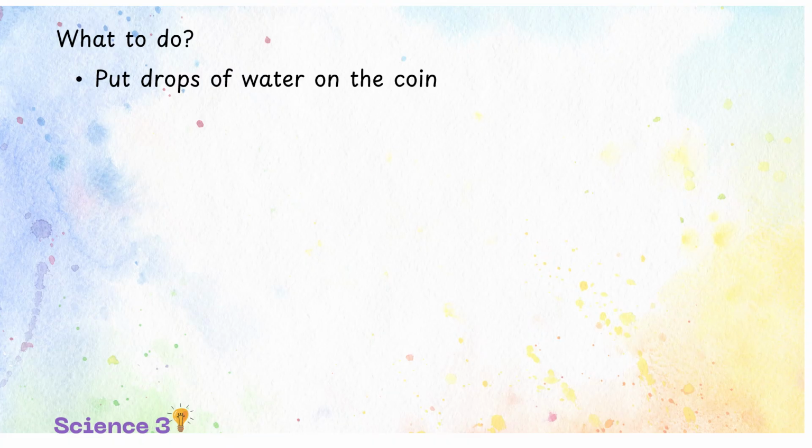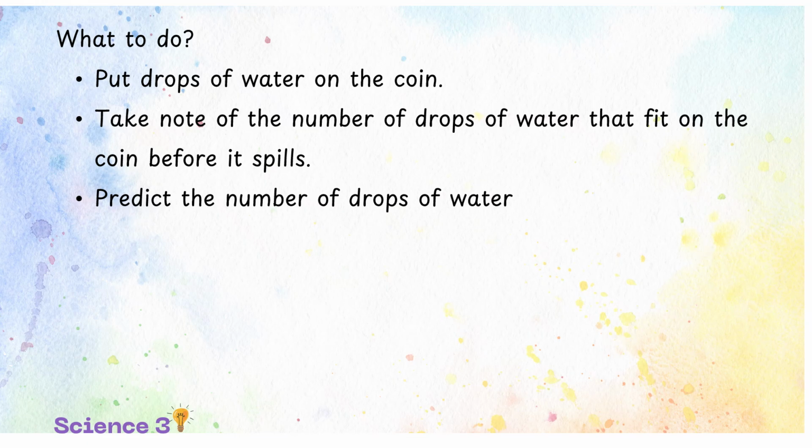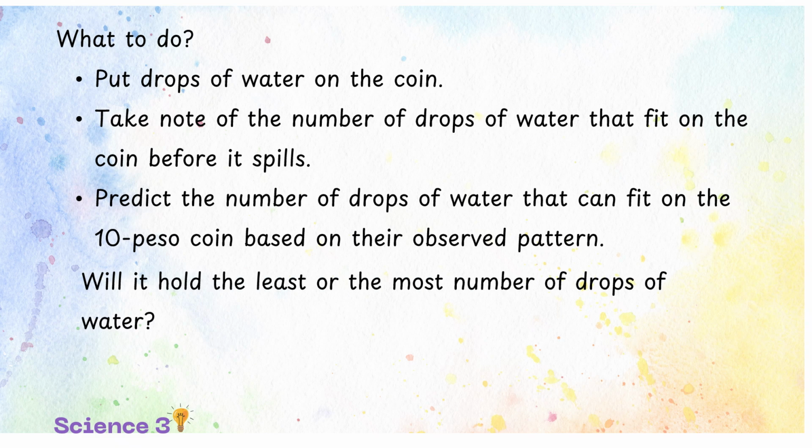Put drops of water on the coin. Take note of the number of drops of water that fit on the coin before it spills. Predict the number of drops of water that can fit on the 10 peso coin based on the observed patterns. Will it hold the least or the most number of drops of water? Why do you say so?